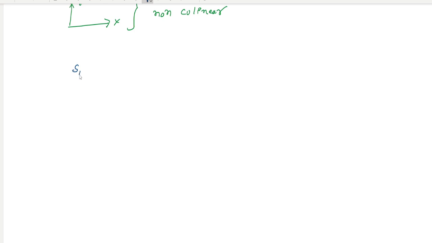So the two sets, S1 and S2: i plus j comma 2i minus 3j are both linear independent sets of vectors that span the two-dimensional x comma y space.